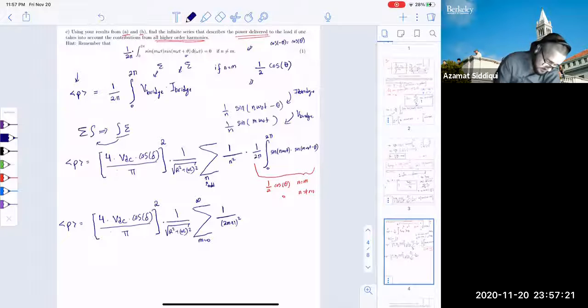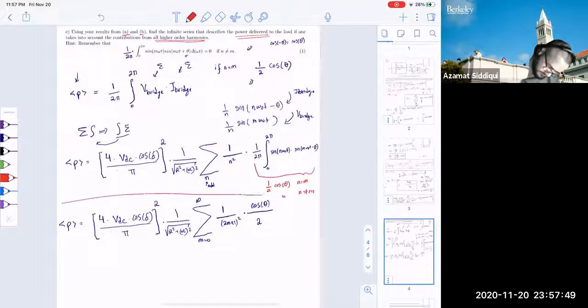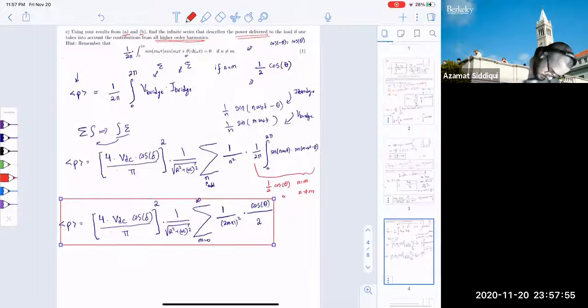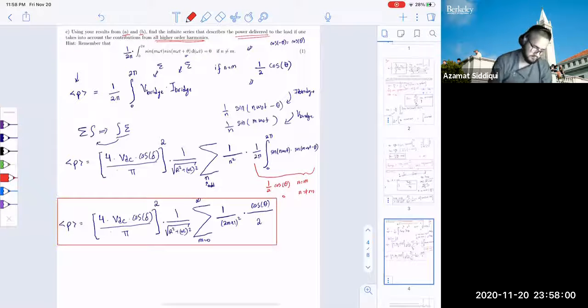So what I could actually do is factor it outside of this summation, and it's going to give me cosine of theta divided by 2. So this becomes the expression for this whole thing. Box it. This is the expression for average power delivered.